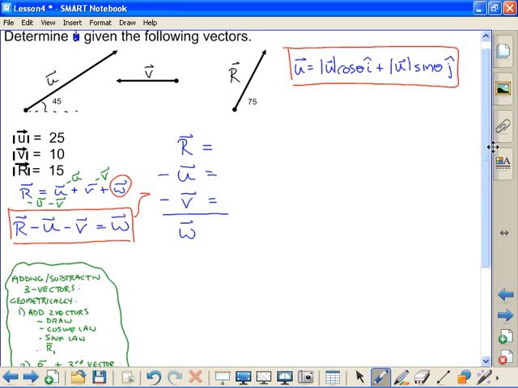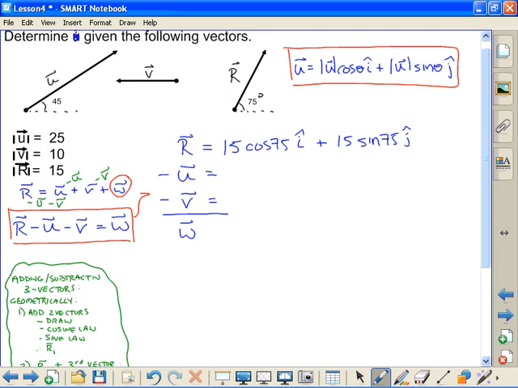So the magnitude of my resultant is given, 15, and my angle is 75 degrees with the horizontal. That's given information. So 15 cos 75 i, and again, for this one, both the x component and y component will be positive. I'm moving right and up. So plus 15 sine 75 j.